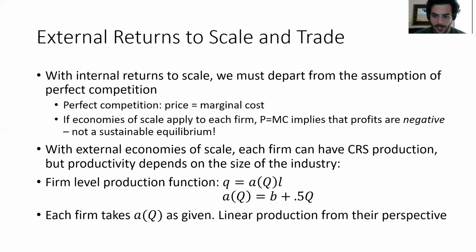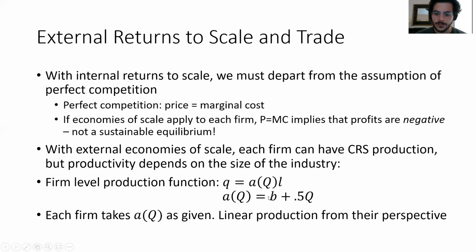With external economies of scale, we could have an environment where each firm has constant returns to scale in production, but productivity depends on the total size of the industry. So for example, we have this firm level production function where lowercase q is firm level production. That's going to be equal to just a linear function of total labor input. So A is marginal productivity of labor, L is labor that this firm is using, and we can see that A depends on the total quantity produced in the industry, which is capital Q. And it depends on that in this specific form.